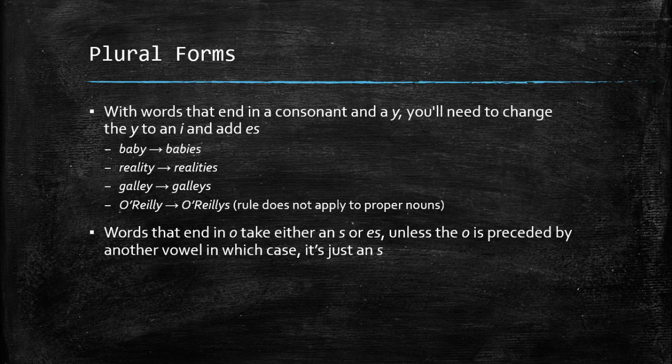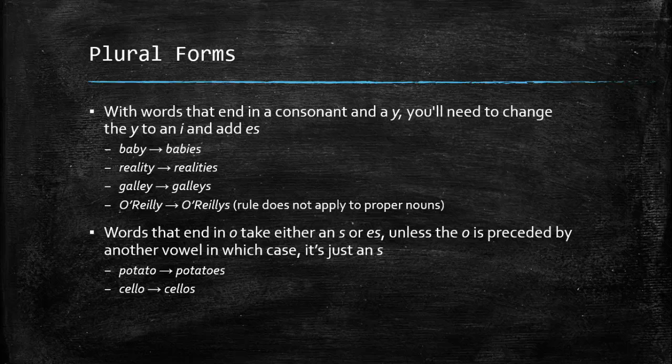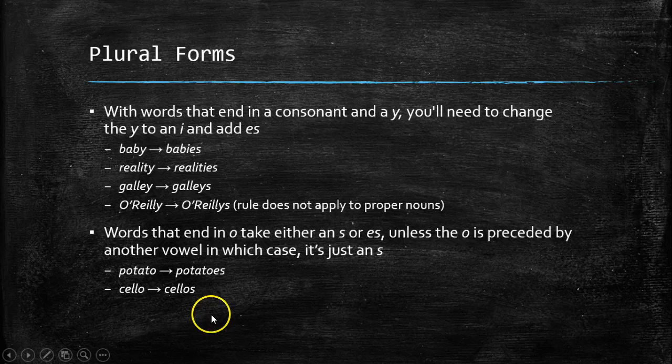Next up, words that end in O take either an S or ES unless that O is preceded by another vowel, in which case it's just an S. I'll give you a minute to write that one down and think about it for a second. Potato becomes potatoes. Cello becomes cellos. So here we go. This is an example of irregular forms that you just have to memorize.